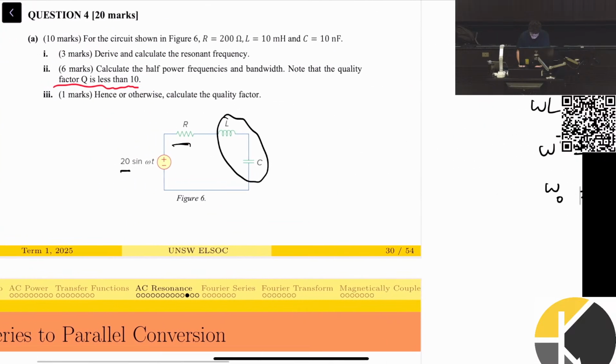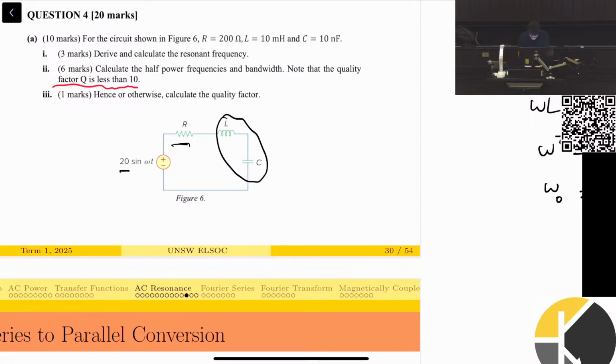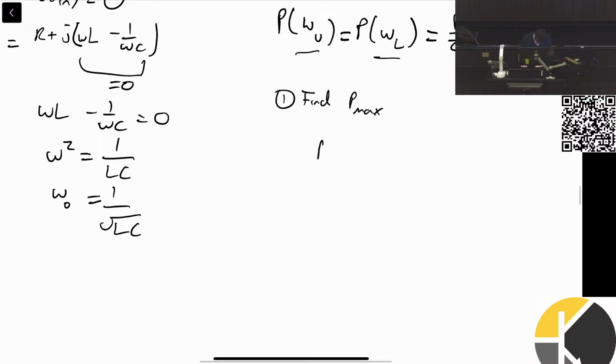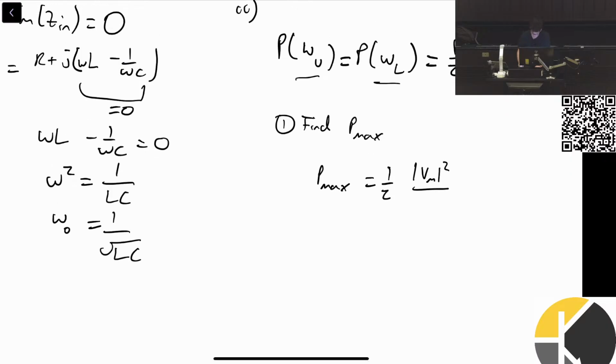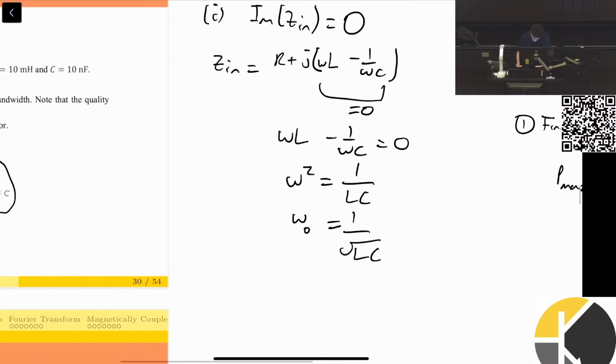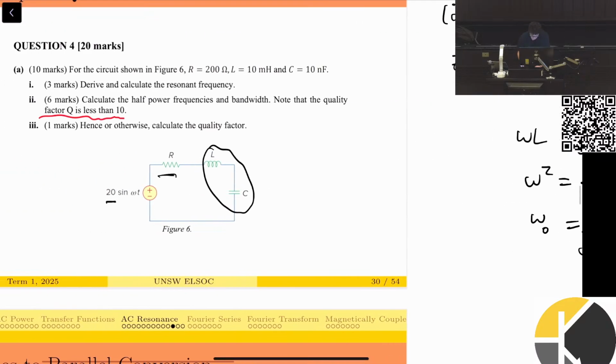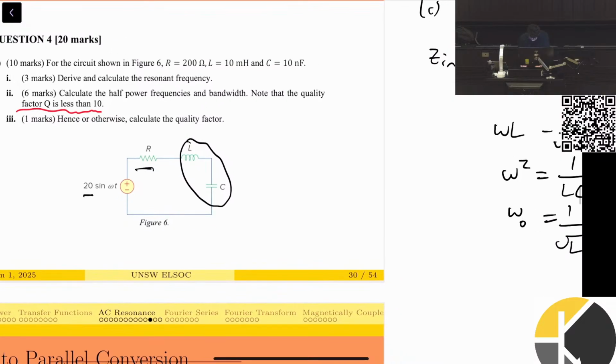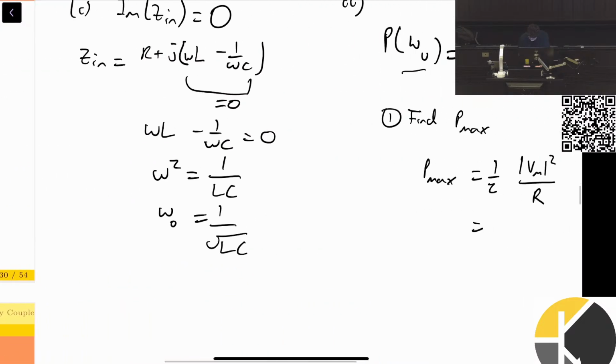Let's check. Did they give it to us in RMS? No, they didn't. So we have to use this formula, and always be careful of whether they're giving you RMS or non-RMS units. Okay, so R is 200.